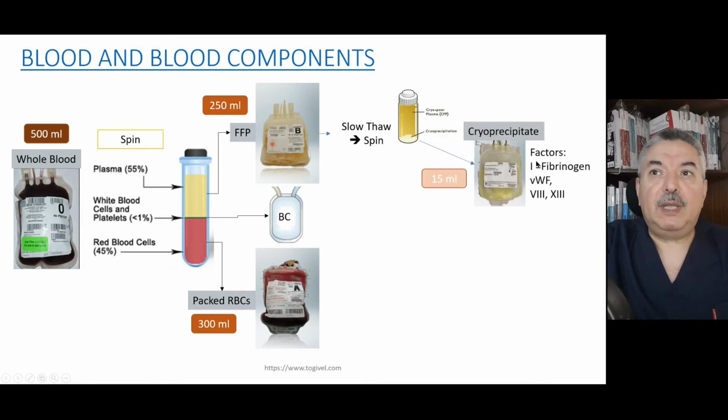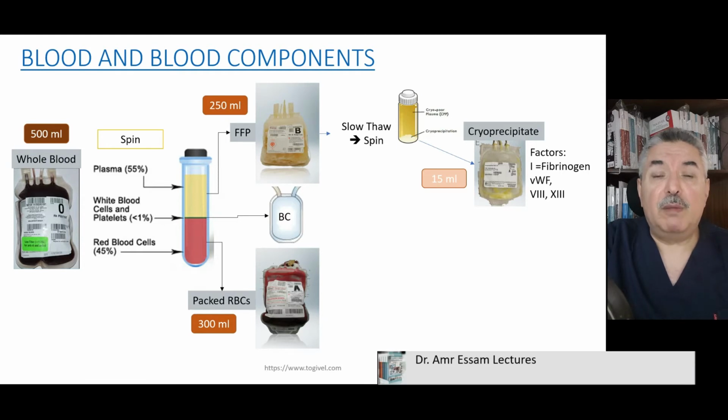The cryoprecipitate has fibrinogen, von Willebrand factor, and if you put the V with the W, it will give you factor 8, and if you extend the V lines, it will give you factor 13. So the cryoprecipitate has fibrinogen, von Willebrand factor, factor 8, and factor 13.